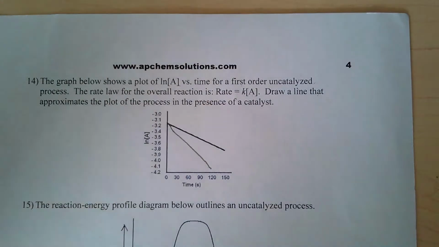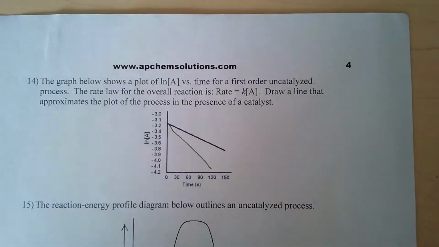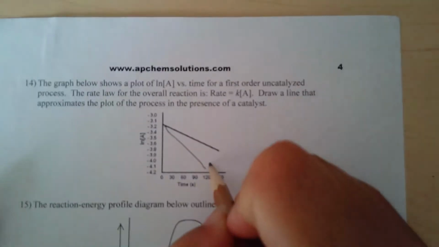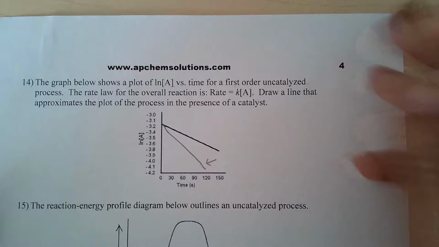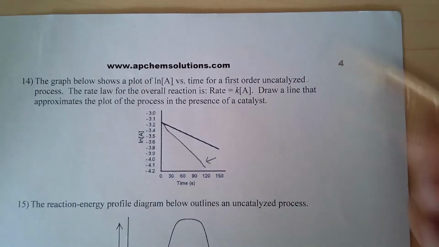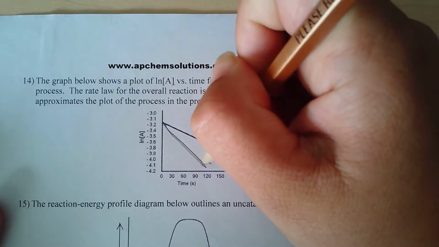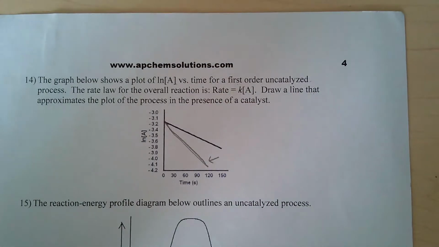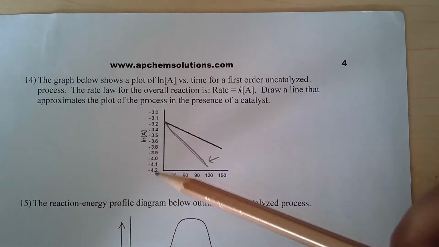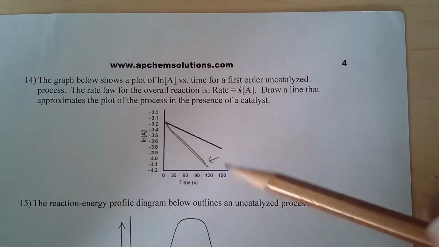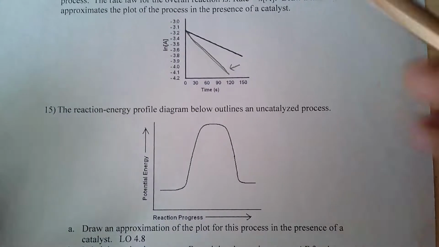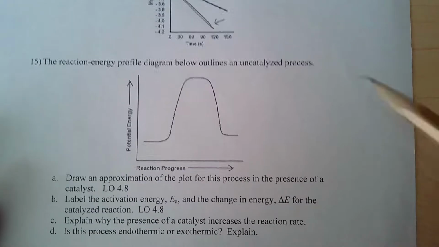It doesn't give us any specific information on the catalyst, it doesn't tell us exactly how much it decreases, so as long as your line is something like this, that's what we're looking for. Your concentration is going to decrease faster in the presence of a catalyst, so we want this more dramatic slope.